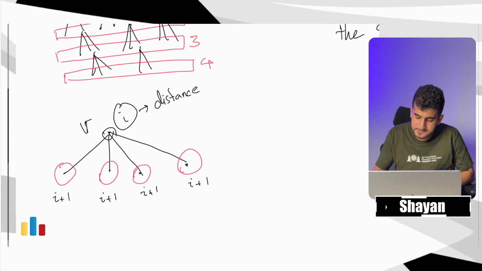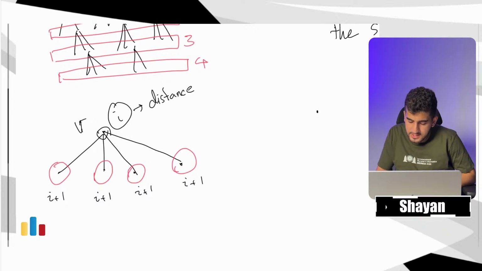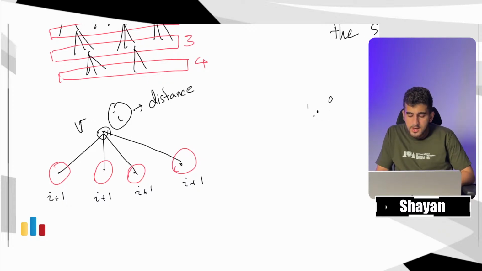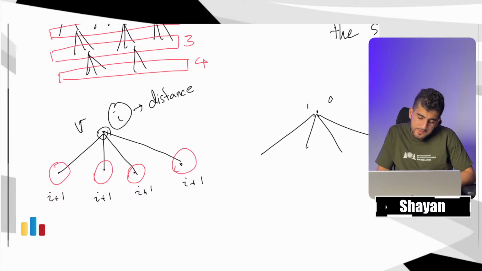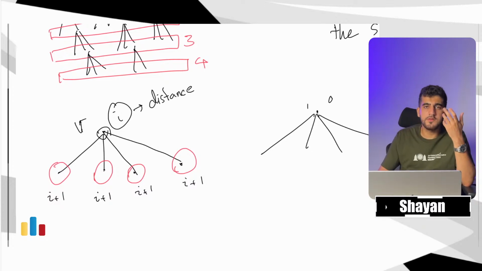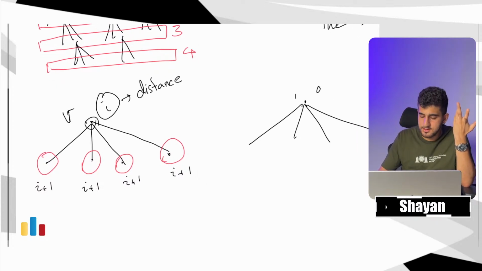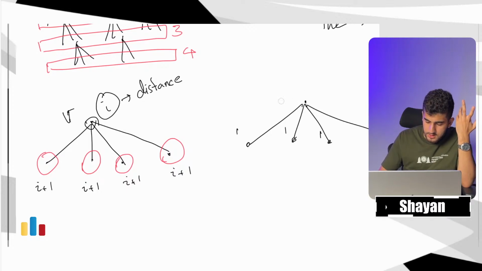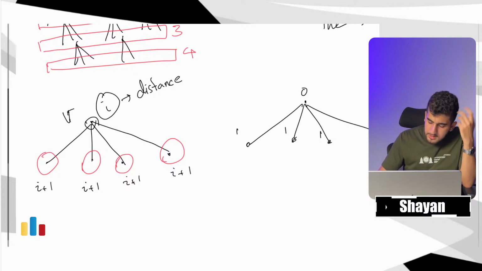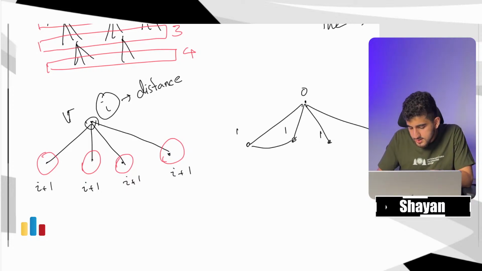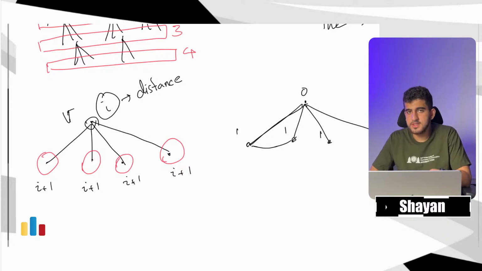Because, for example, at first, vertex 1 has distance 0. Now if I consider its neighbors, none of them could have distance 0 because only vertex 1 itself has distance 0. So I will set all of them to be 1. Now if I consider the neighbors of the neighbors, maybe some of them have an edge to each other, and also they have an edge to this vertex with distance 0.